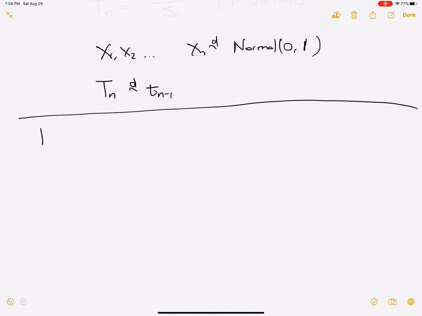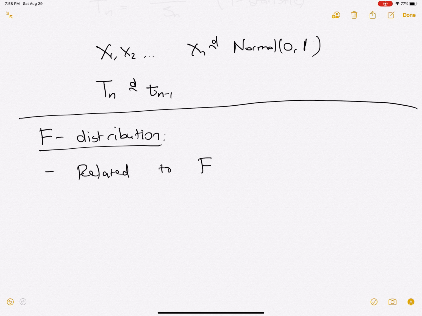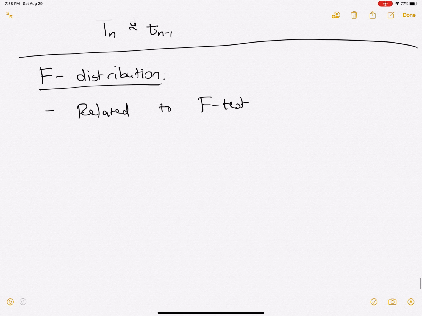So the final distribution that we're going to see today is the f distribution. This is a test we're going to see a couple of times. It's related to the f test. Once again, it's constructed out of standard normals, or in particular, chi-squares.